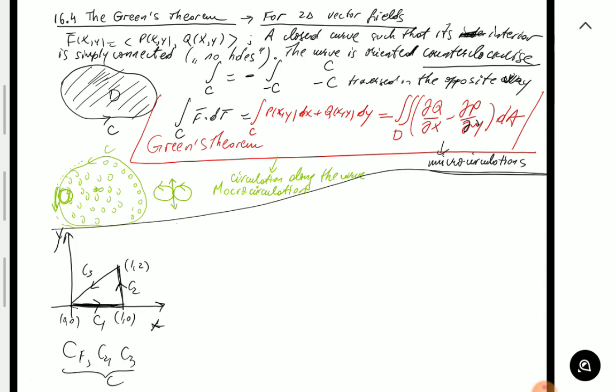By the way, sometimes this line integral is denoted with a closed loop to indicate that the theorem is only for a closed curve. And the vector field I want to integrate, let's say it's xy dx, so that's the first component of the vector field, plus x squared y cubed dy. So this is P and this is Q.